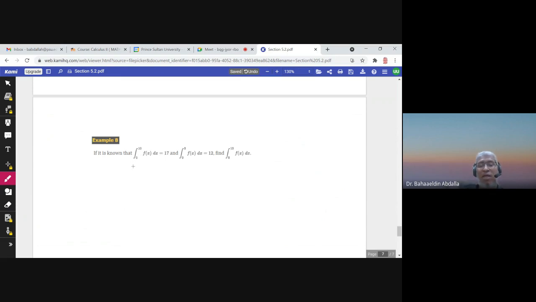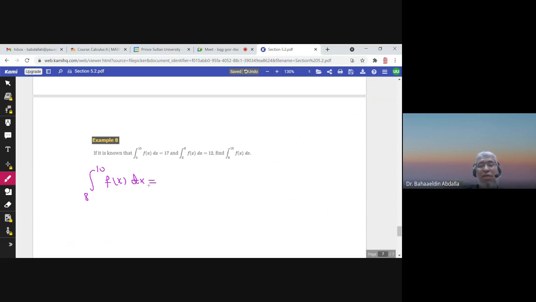This is an example. It's known that the integral from 0 to 10 is 17, and from 0 to 8 is 12. Find from 8 to 10.